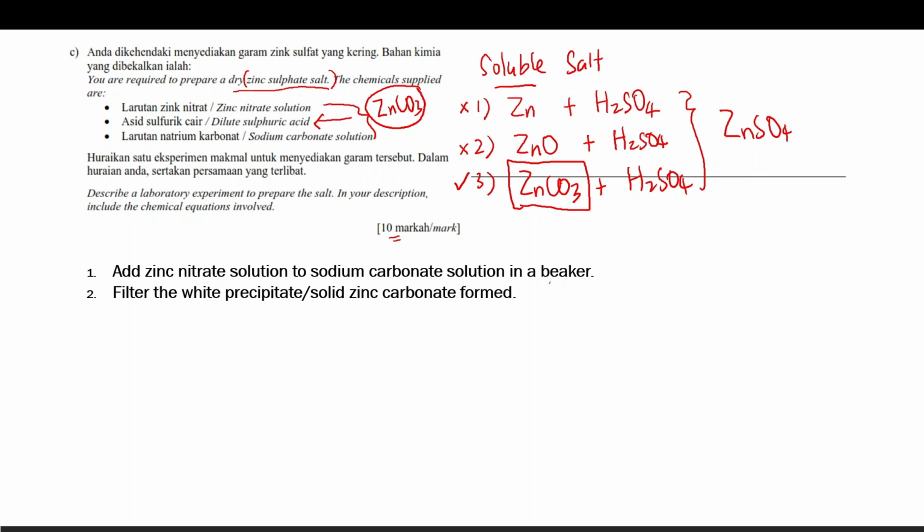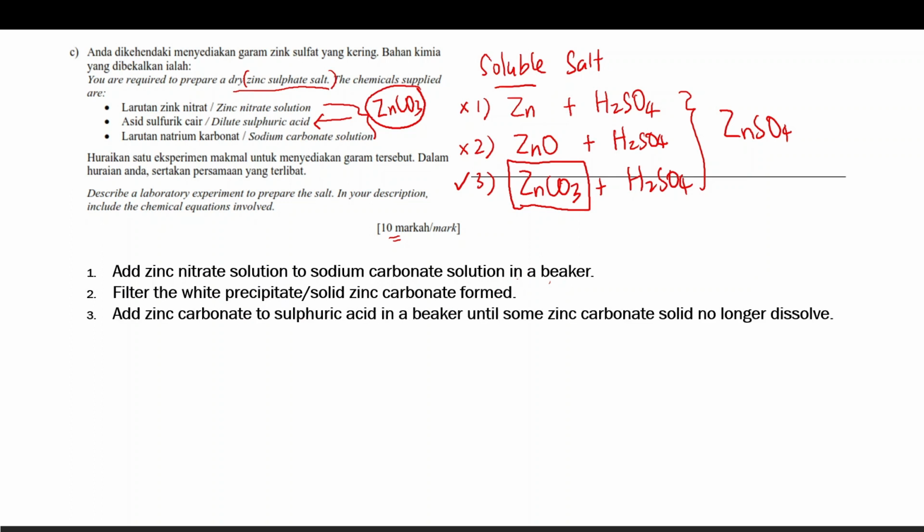Then we filter the white precipitate, the solid zinc carbonate formed. Then we add the zinc carbonate into sulfuric acid in a beaker, until some zinc carbonate solid no longer dissolves, meaning it is in excess. Then filter the mixture to remove the unreacted zinc carbonate solid.